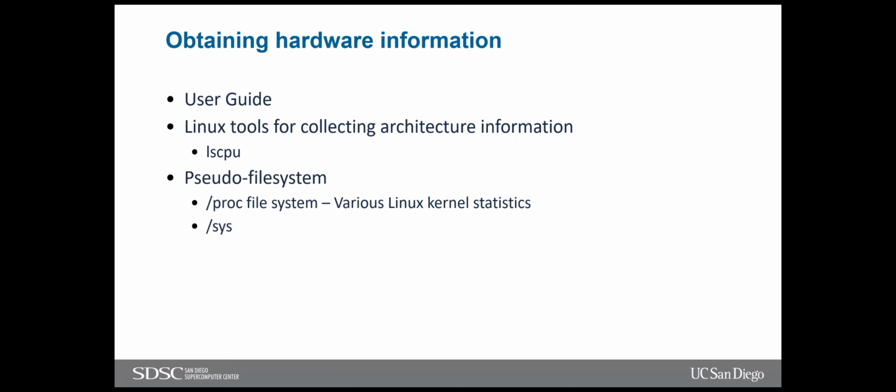All of the HPC systems in the Access portfolio also use Linux, and all the systems on the HPC Top 500 list use Linux. So if you have access to Expanse or any of the other HPC systems in Access, feel free to log in and play around with this. Like I said, my examples will be on Expanse.